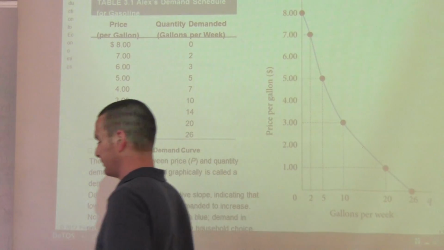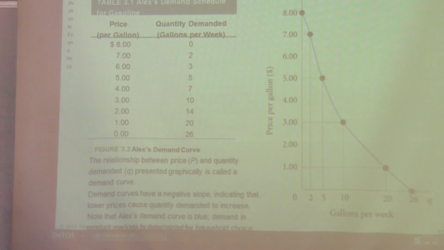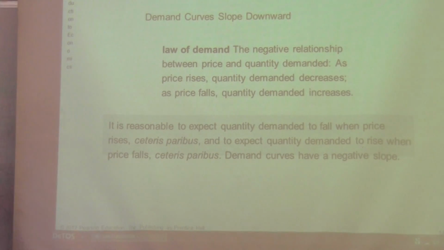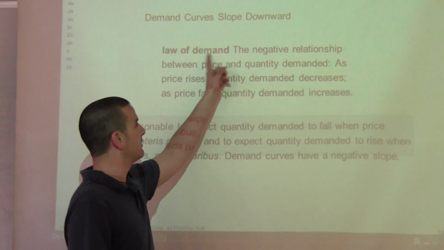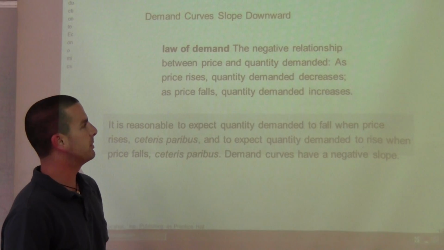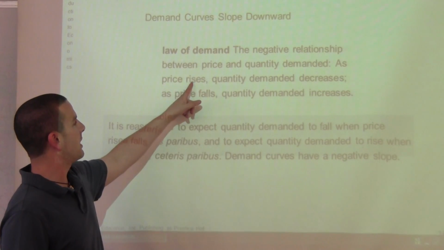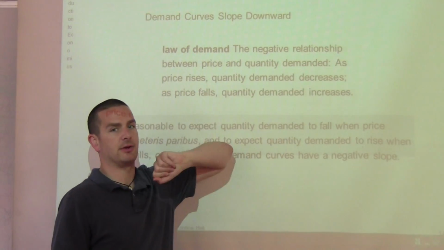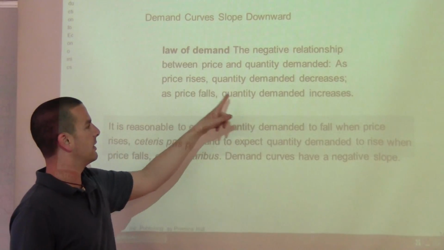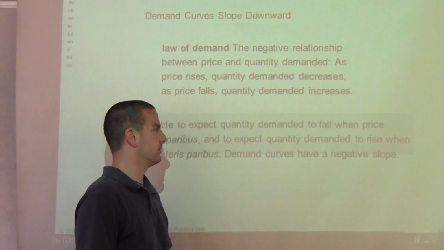The law of demand is the negative relationship between price and quantity demanded. As price goes up, quantity demanded goes down. As price goes down, quantity demanded goes up.